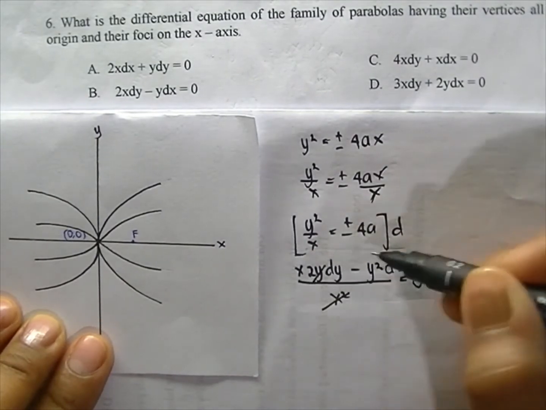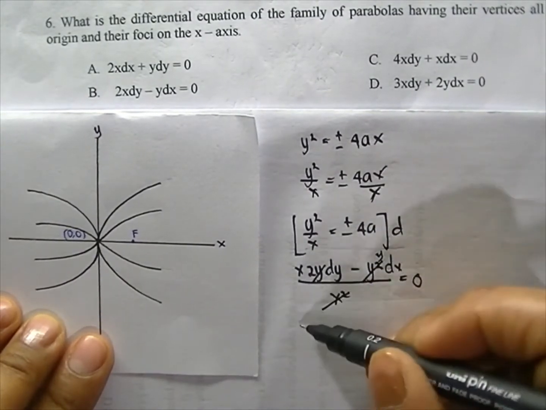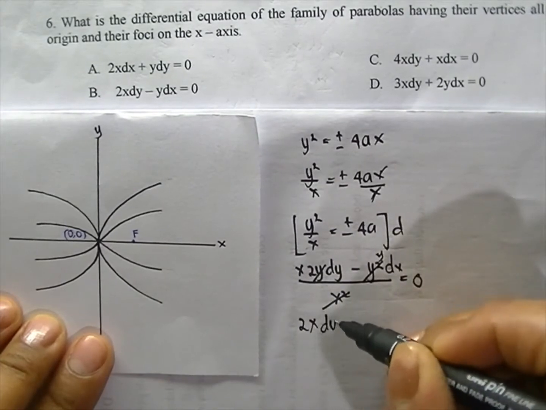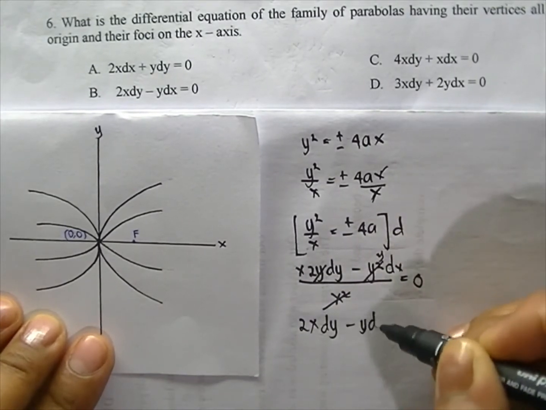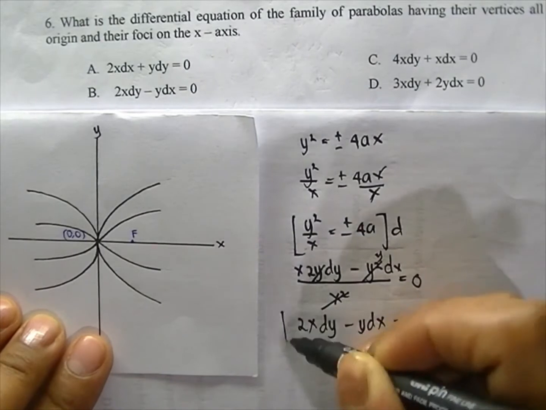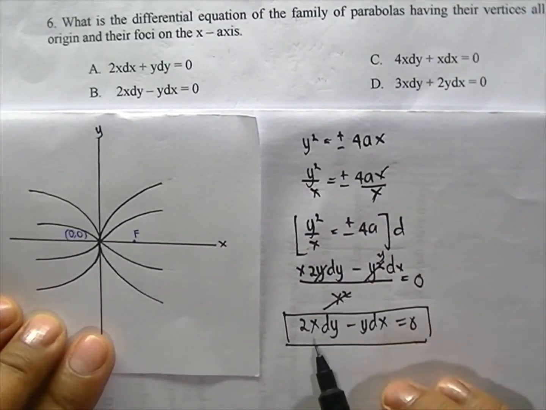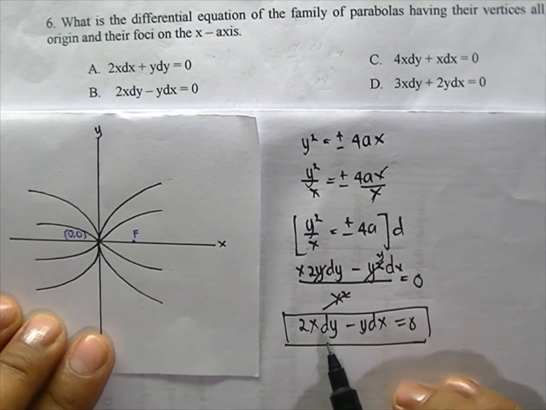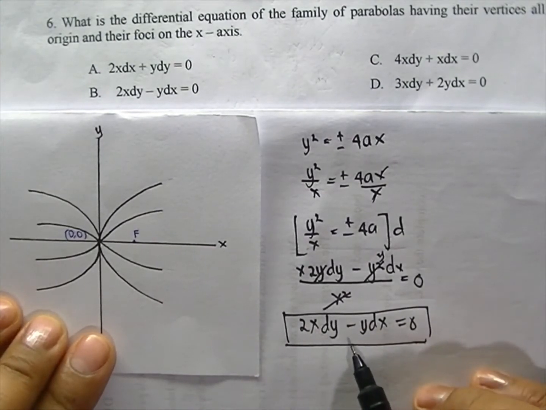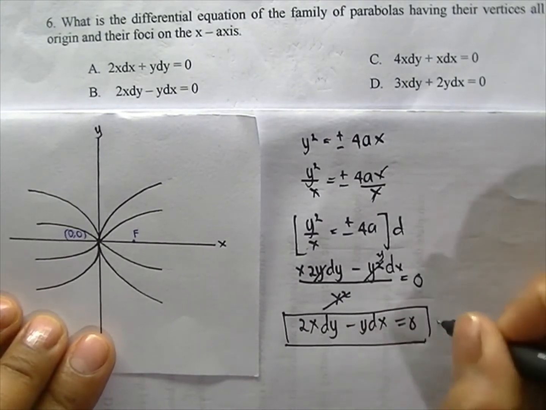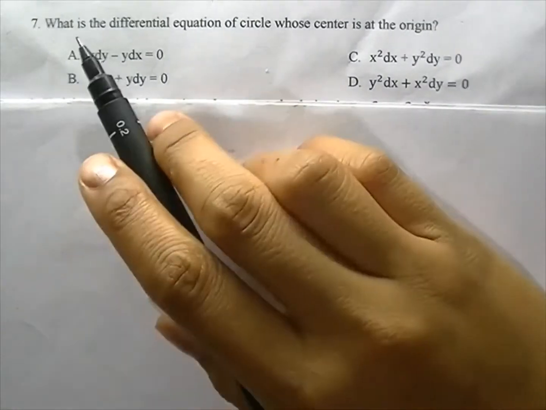So we have 2x dy less y dx equals 0. So this is the equation of the family of parabolas having their vertices at the origin and their foci at the x-axis. Letter B.